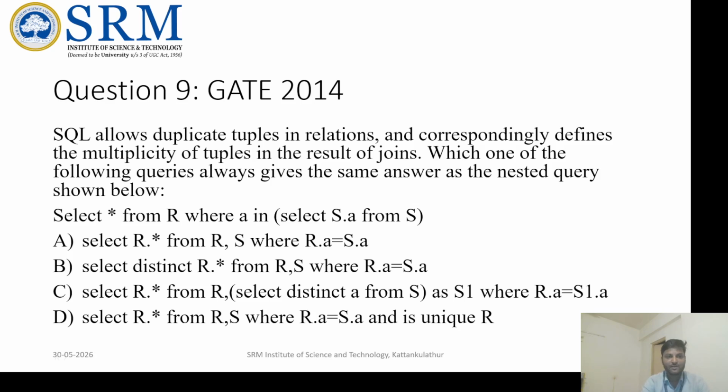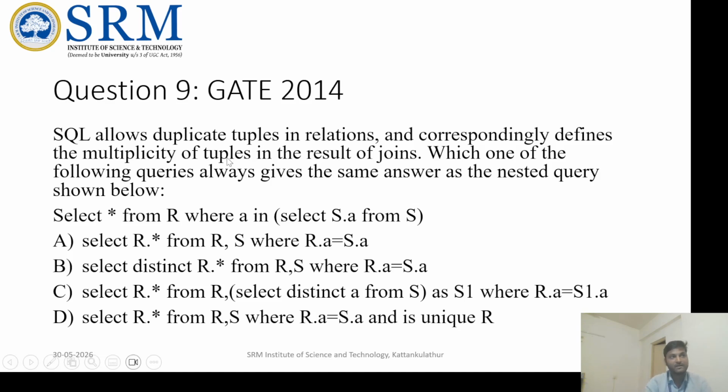So for each and every row of R dot star, we are checking. So two matches are there. Suppose maybe three or four. Two matches are there, but for both the matches R dot star will be printed. You understand? As per the first line given.